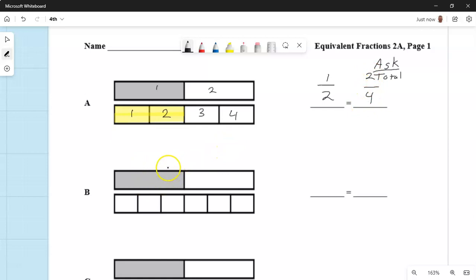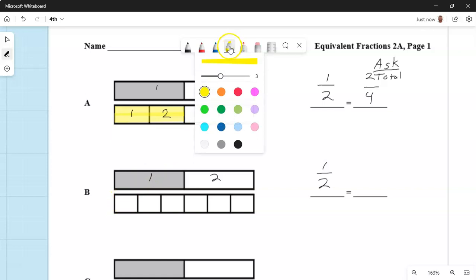The next one, I can see I've got one part shaded, and I've got 2 total parts, so that's 1/2 again. And I'm going to shade in this part here to be the same amount. Let's see if I can make that bigger. There you go. Okay, perfect.